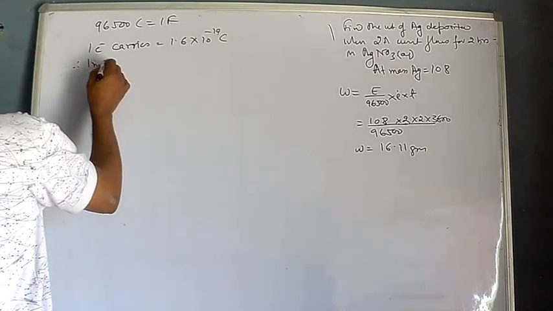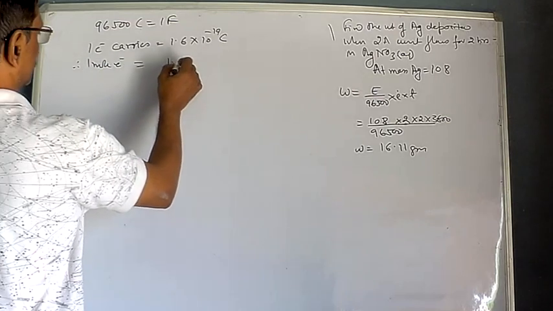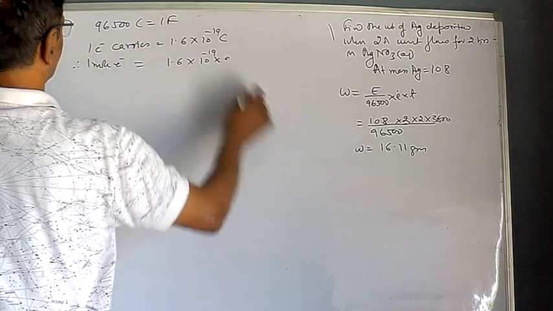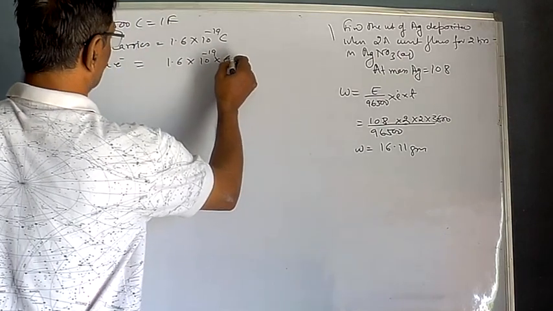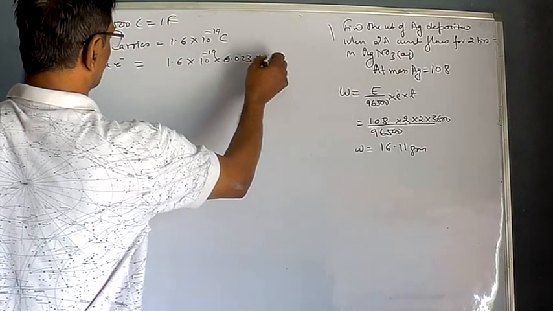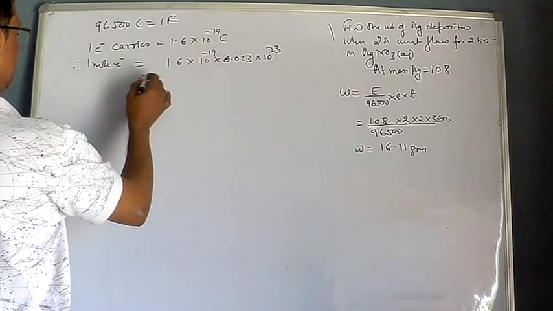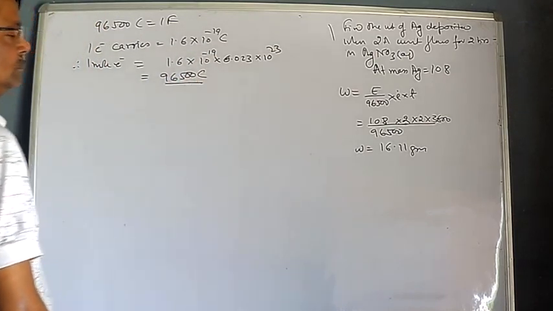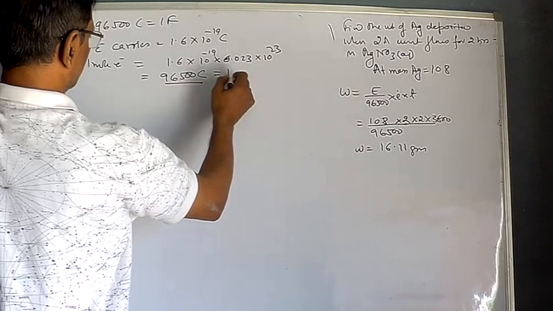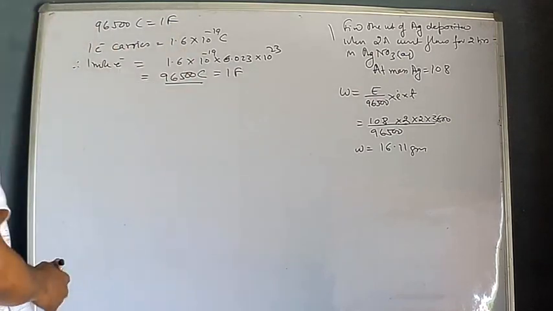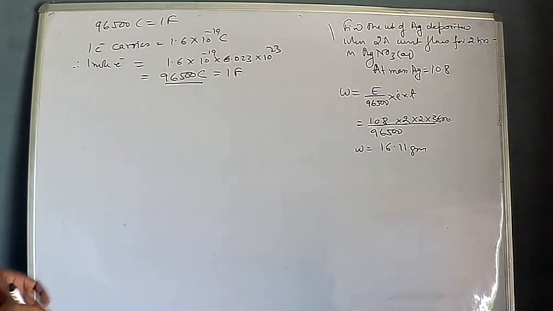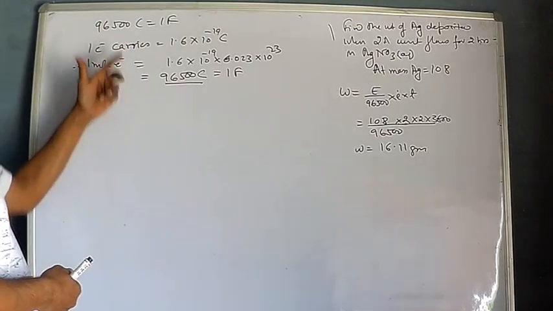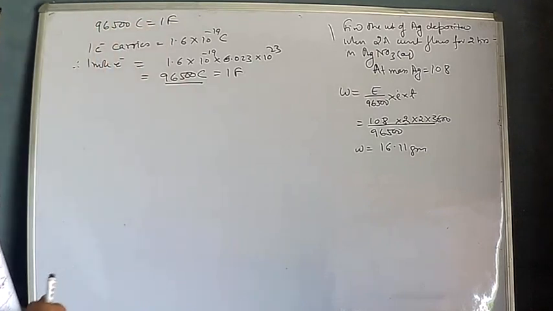Therefore, 1 mole of electrons will carry 1.6 into 10 to the power minus 19 multiplied by 6.023 into 10 to the power 23. Multiply, you get the value 96,500 coulomb, and this is called 1 Faraday. So it is very important to remember where this 96,500 coulomb charge comes from. 1 mole of electrons carries 96,500 coulomb charge.